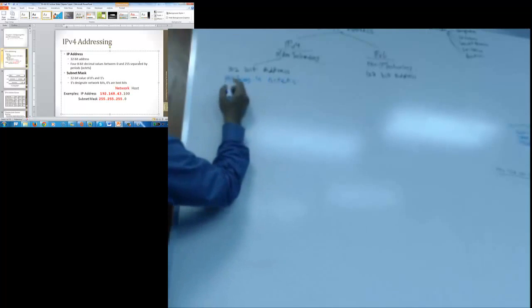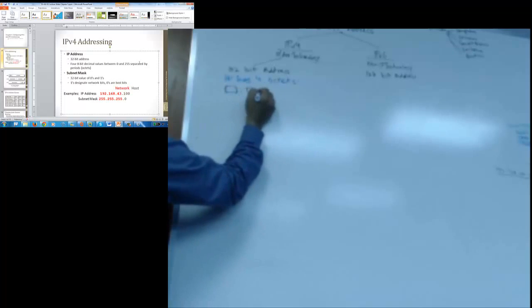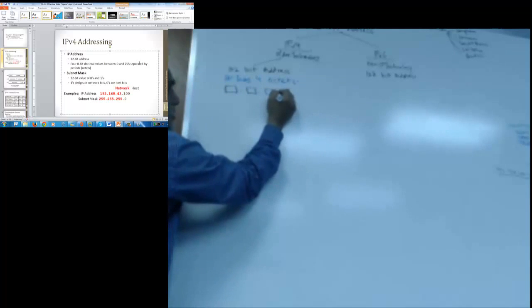An IPv4 address can be written in this manner: it has four parts, each part divided by a dot. This is what is known as an octet.